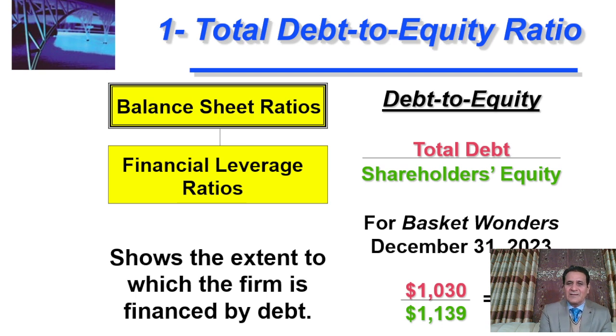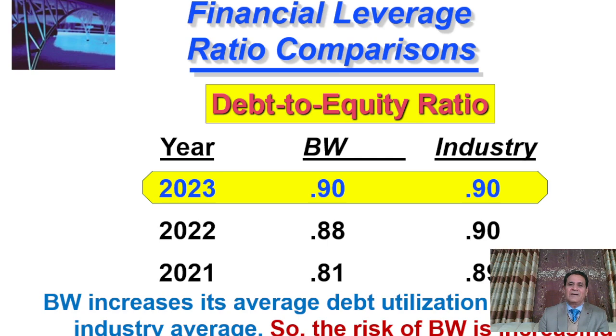Debt to equity ratio is this. For Basket Wonder, on December 31st, 2023, this ratio is 0.9. It shows the extent to which the firm is financed by debt. And we can compare this ratio with the industry average. We see that in 2021, this ratio for BW is 0.81, industry ratio 0.89.